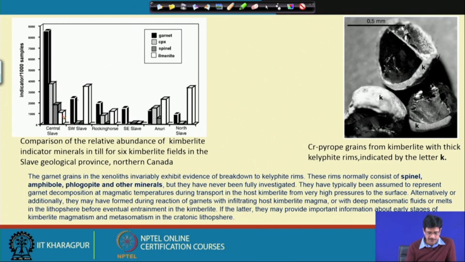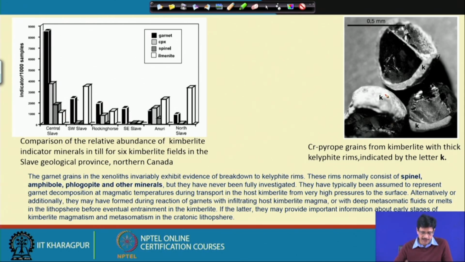These are from the different provinces, and we see that in some of the provinces garnet dominates. This is one of the interesting features here in the chrome-bearing pyrope grains that come from the kimberlite, which sometimes are observed to have a very thick kelyphitic rim on the garnet.